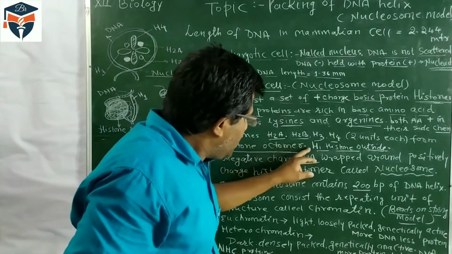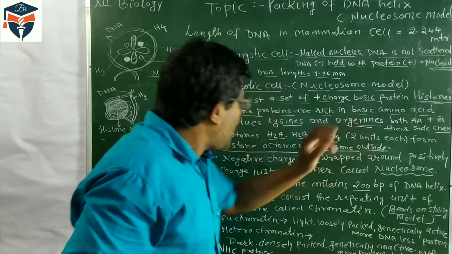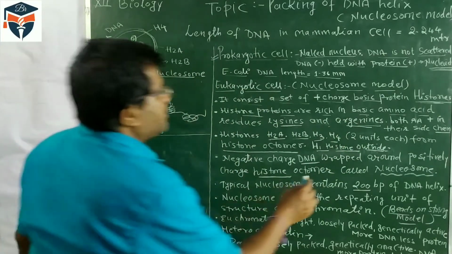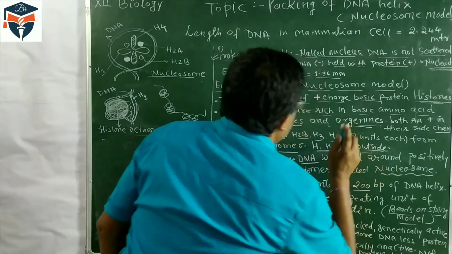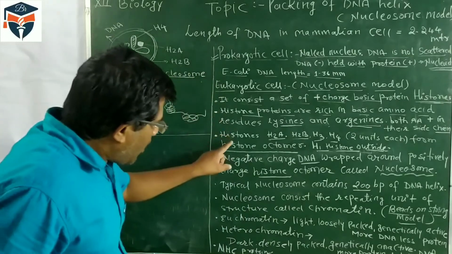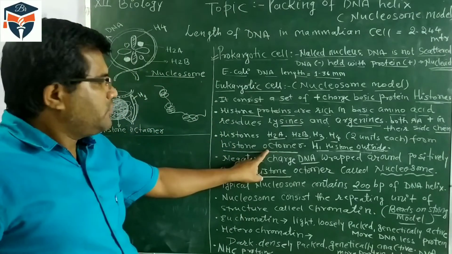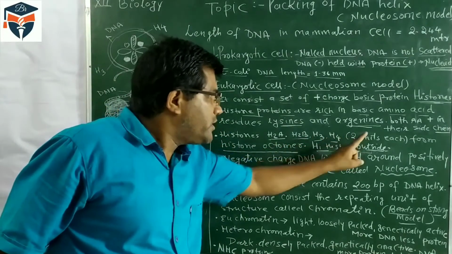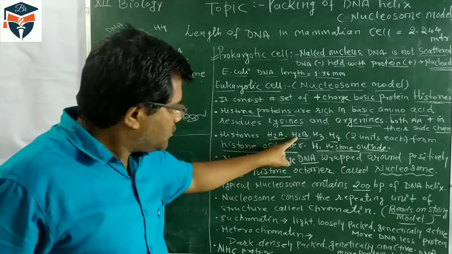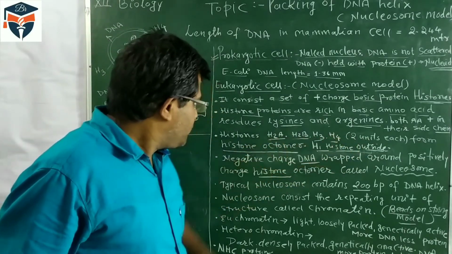Here H1 is the histone outside. Later I will explain this one. First you see that the histone octamer is made up of 2 units of each of H2A, H2B, H3 and H4.